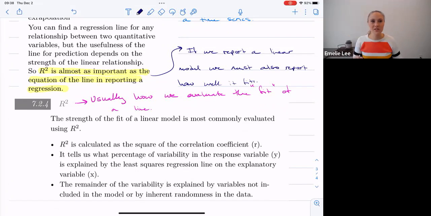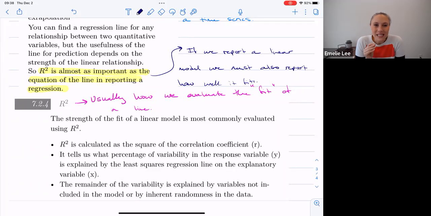Kind of writing on top of myself here. Okay. So the R squared is the easiest way to do that. There are lots of other methods that we could use, but we're going to focus on R squared. It's the most commonly used. And I think even in Excel, when you add a linear regression, it just puts the R squared on there. So pretty typical stuff that we use the R squared.